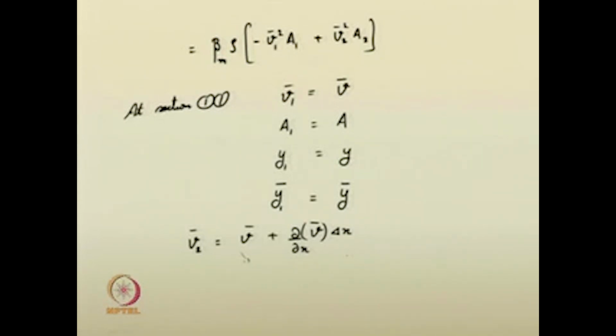Now, you can also give the following: the product V 2 squared A 2 is nothing but V squared A plus dou by dou x. All these quantities we are using the same first principles, so there is not much complexity involved. We are suggesting that this entire quantity is being changed using this relationship as it goes from upstream to downstream, so this relationship also we can incorporate.